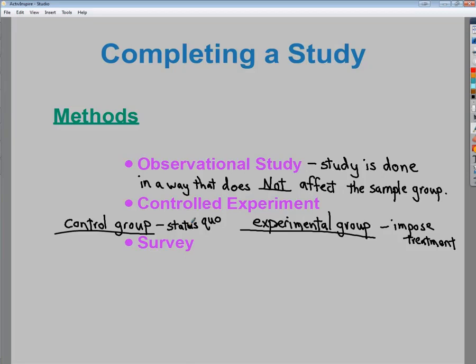There are certain rules about whether you're legally allowed to affect one group and not affect another, and it just sort of depends on the scenario. And the last one would be a survey. The survey is when you ask all members of a sample set some questions.